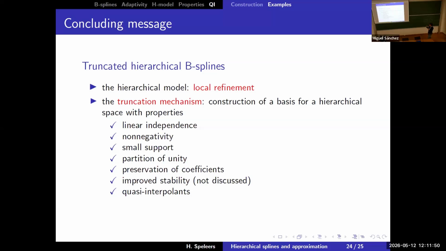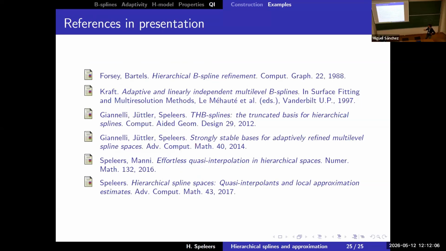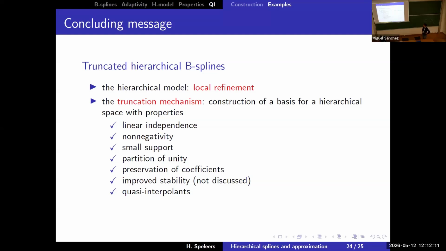The truncated basis is a nice representation for this space, which allows you to get all the properties of univariate B-splines. And especially, I think this quasi-interpolation construction is very powerful because it's so cheap. Okay, so these were some references that I showed you in the slides. That's it. Thank you for your attention.